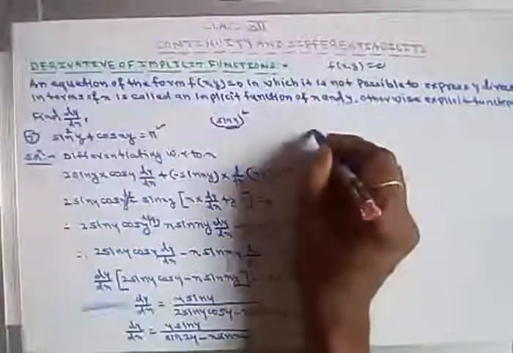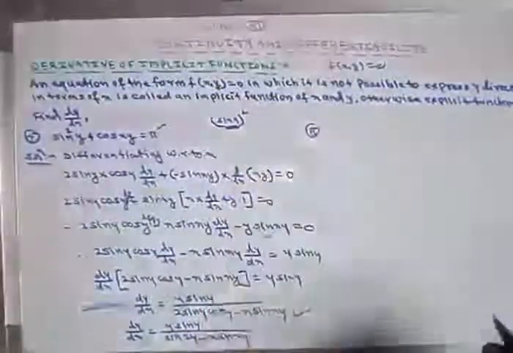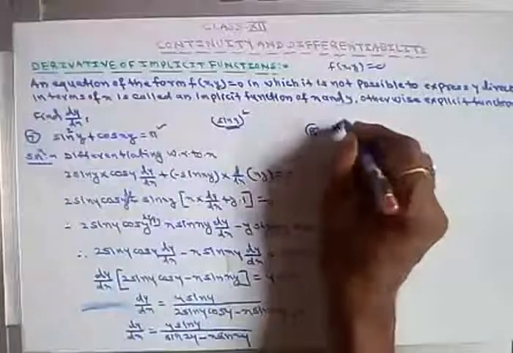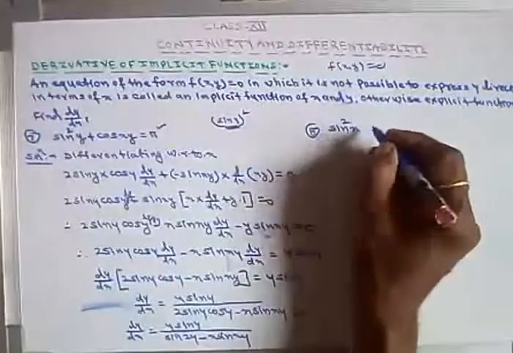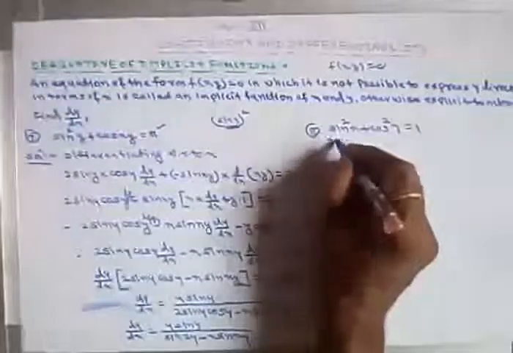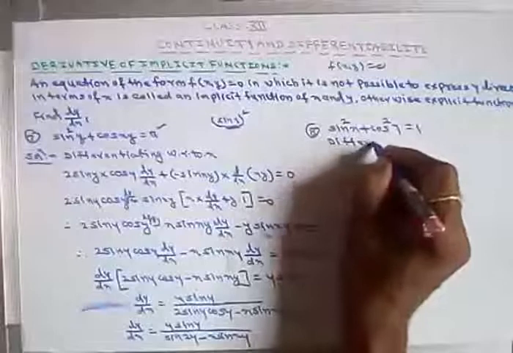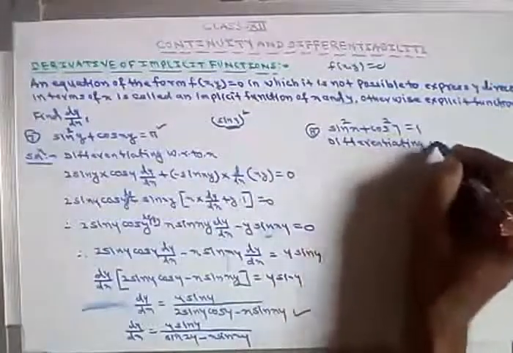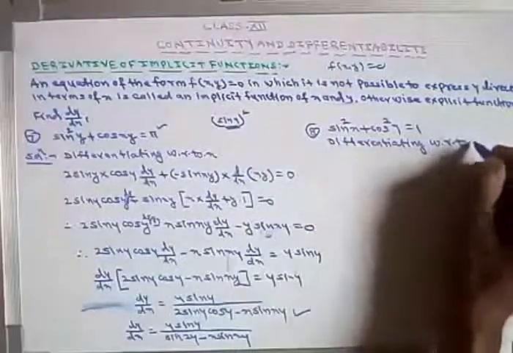Now take next one, that is 8. Question number 8 is sin square x plus cos square y, that is equals to 1. So differentiating with respect to x.